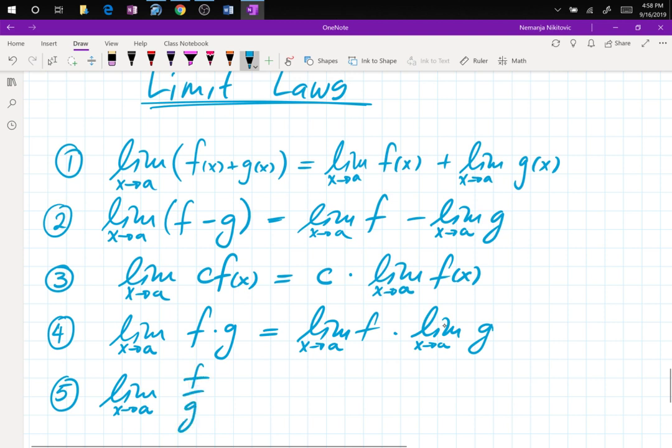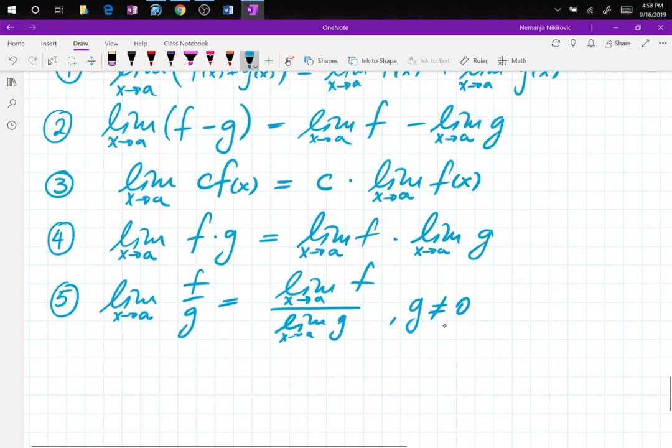So f over g is going to be the limit of f, x goes to a, divided by the limit of g, x goes to a, and g is not allowed to be 0, obviously, otherwise it's not good. The last one, exponents.